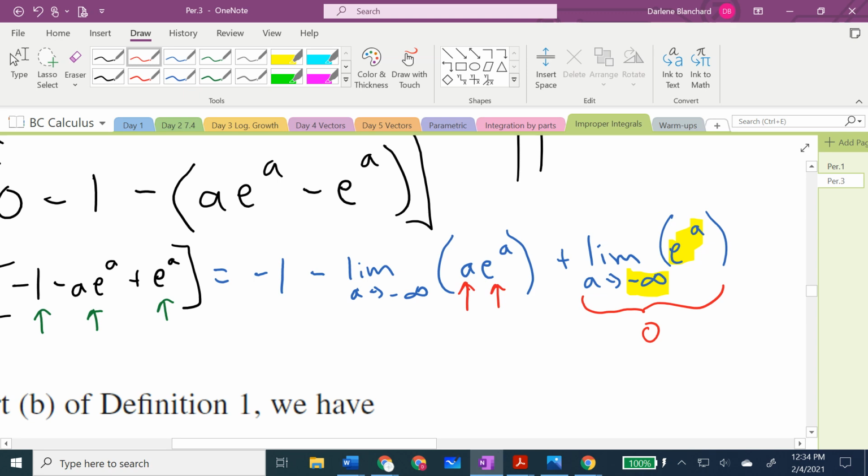If I plug negative infinity into a, I get infinity, times, when I plug negative infinity into a for e to the a, that's 0. Do you see it yet? Do you see it? That's indeterminate form.